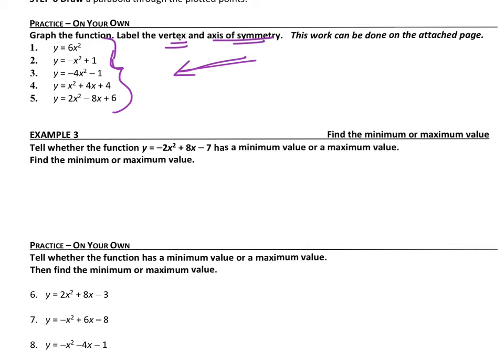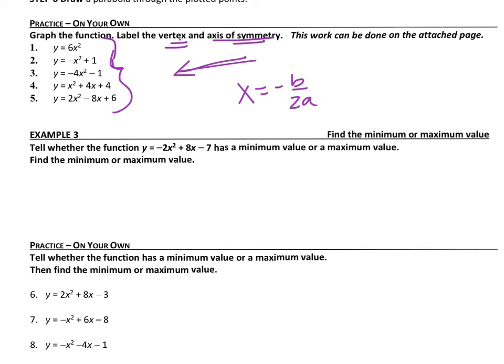You can use the table method if you'd like to. Pick some points for x and plug those in, or you can use x equals negative b over 2a to find your x value of the vertex, and then that result, whatever you get, can be plugged in to find y. So it's up to you how you want to do it. I would just like to see your finished practice problems, please.